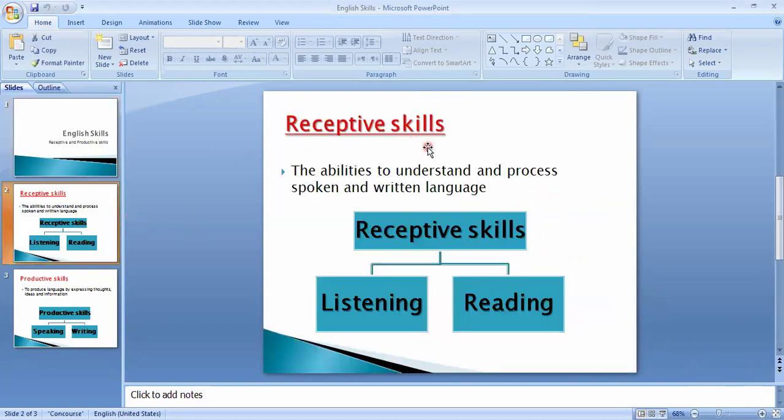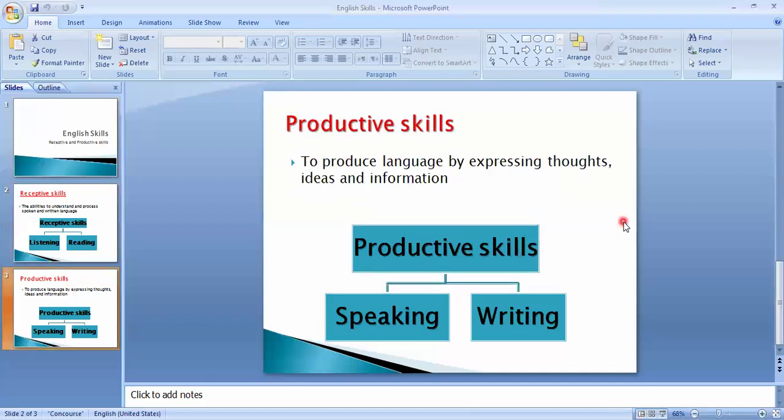Receptive skills. What is the meaning of receptive skills? The abilities to understand and process spoken and written language, which depend on listening and reading. This is called receptive skills. The other item in English skills is productive skills. Productive skills means expressing thoughts, ideas, and information by speaking and writing.